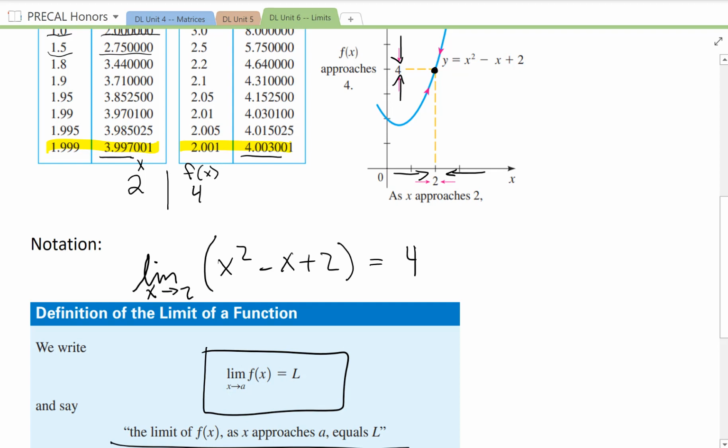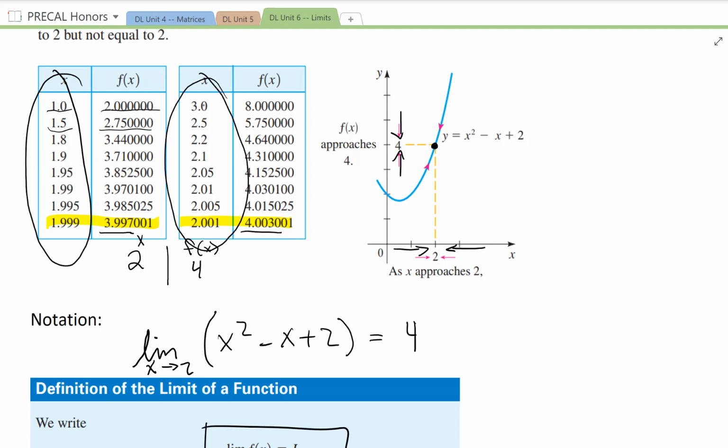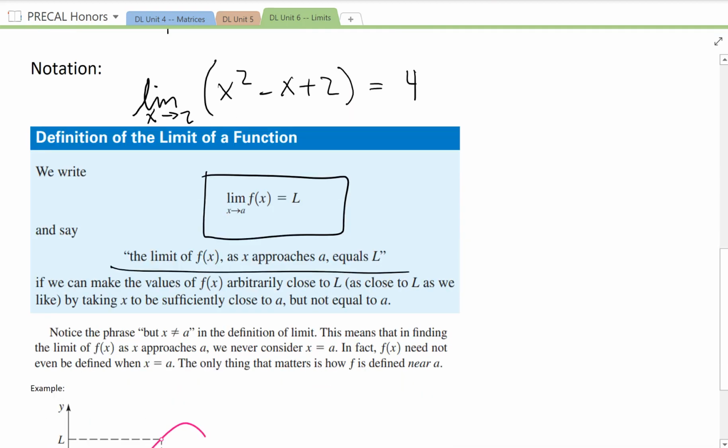So in order to see what the y value, or the f of x value, was approaching when x was approaching 2, we actually plugged in a bunch of x values that approach 2, or the book did. And so by seeing the pattern of the y values, we could deduce that f of x was approaching 4 as x was approaching 2.